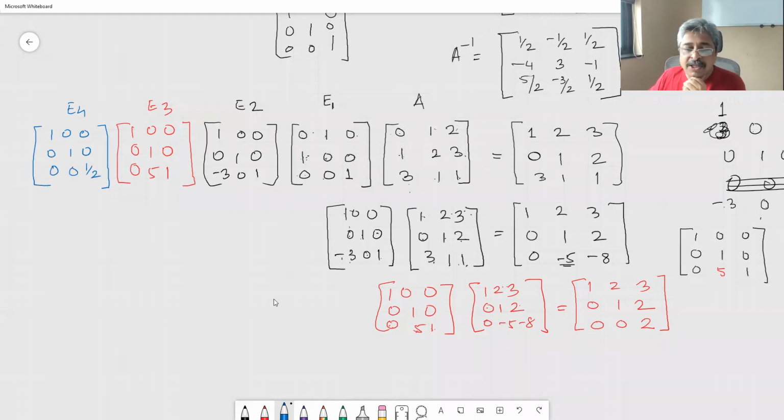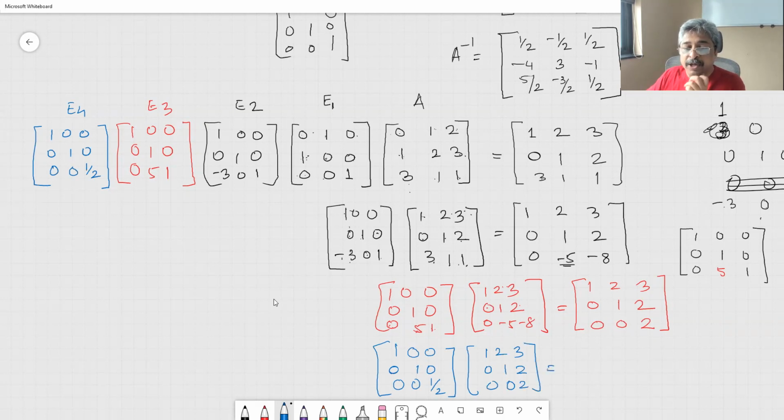So if I multiply this matrix by 1 2 3, 0 1 2, 0 0 2, it will become 1 2 3, 0 1 2, 0 0 1. Correct?